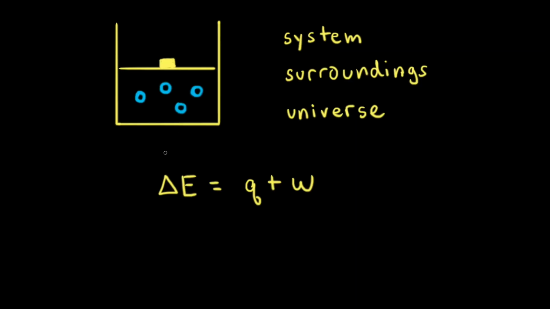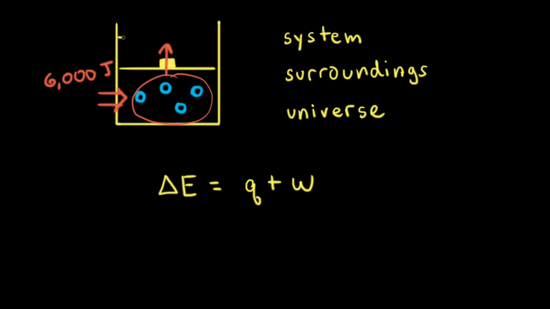Let's look at an example of the first law of thermodynamics using our sample of helium that's in a cylinder with a movable piston. So let's say that 6,000 joules of energy flows from the surroundings into the system. And that heats up our helium particles, which then expand and push the piston up.